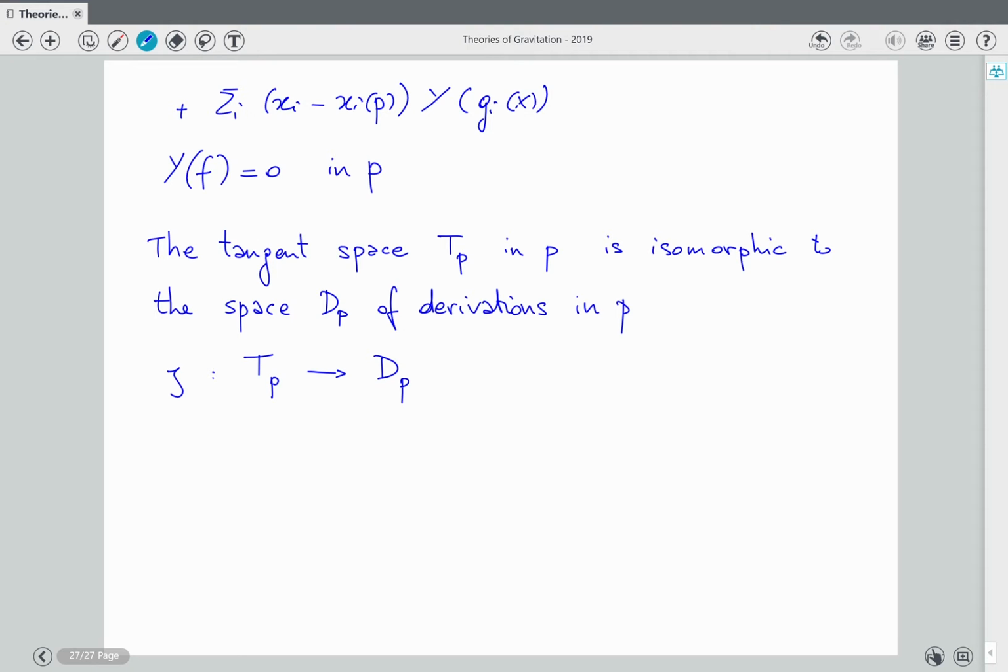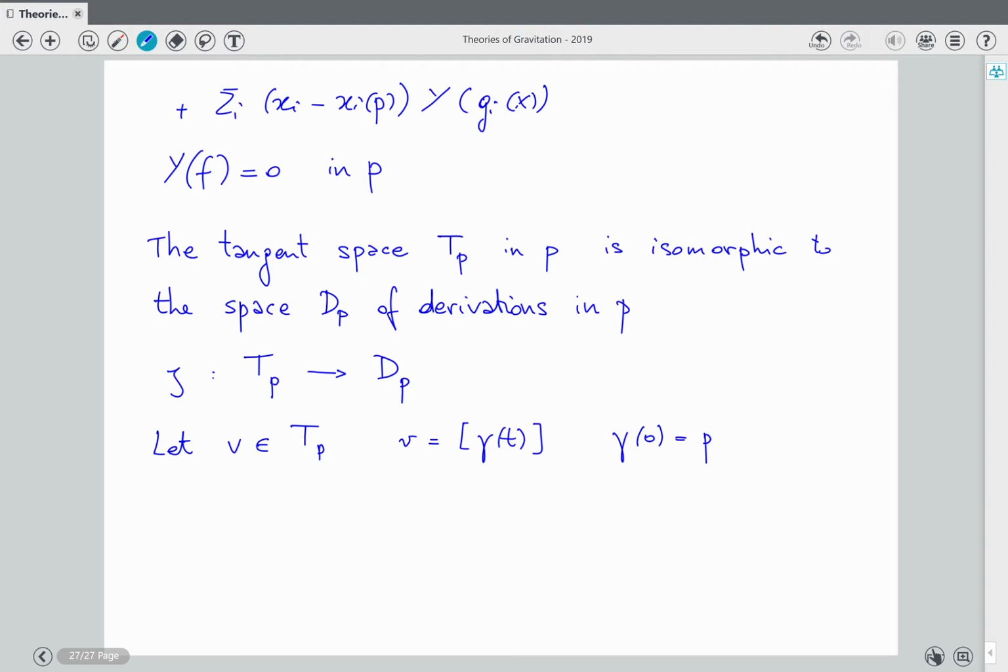We recall that the tangent space is a space of equivalence classes of curves in P, which are equivalent when they have the same tangent vector in P. So let V be an element of TP, which means that V is an equivalence class of curves, let's say that gamma of 0 is P. So for t equals 0, they all cross P, and they have to cross P with the same tangent vector.